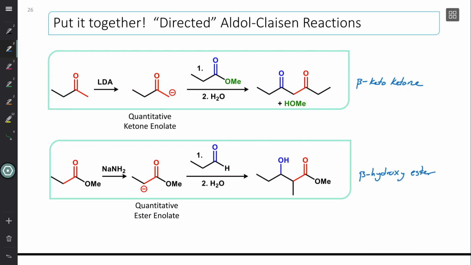So this gets you some new products by being able to combine the aldehydes and esters. And you want to do this in a stepwise method though, to control who is going to be the nucleophile and who is going to be the electrophile.